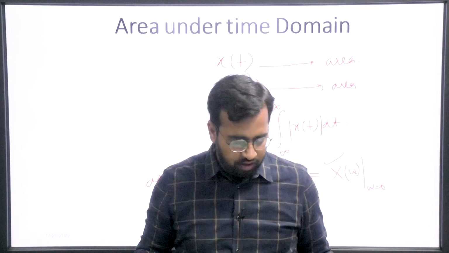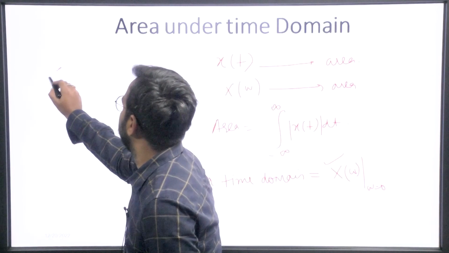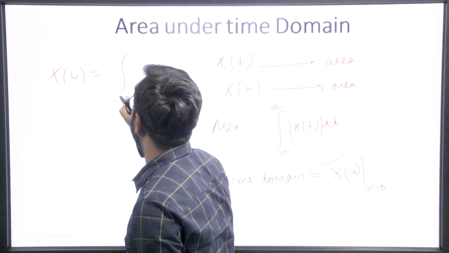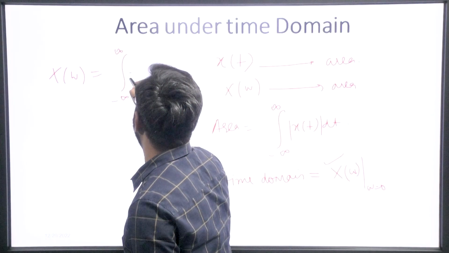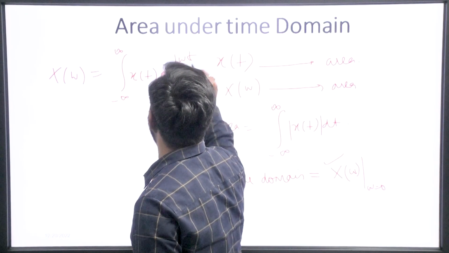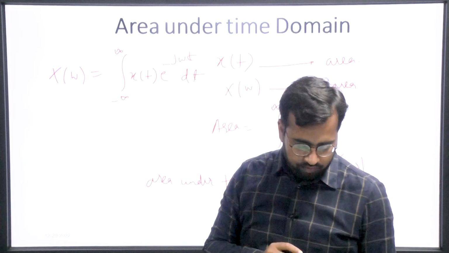We can also derive this. What does Fourier transform mean? X(omega) is equal to the integral from minus infinity to infinity of x(t) e to the power minus j omega t dt. This is how we find the Fourier transform.